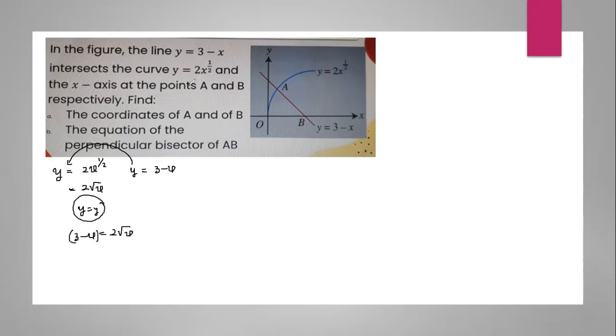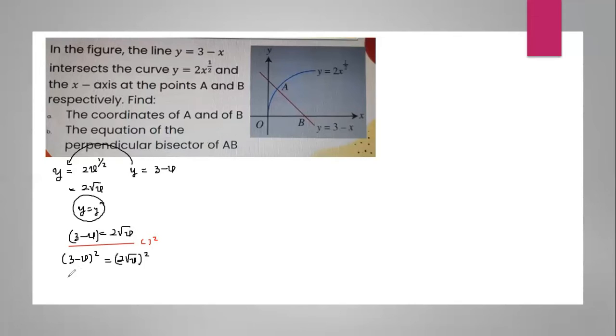And then we are going to square both sides to cancel the root. So we got 3 minus x squared equals 2 root x squared.